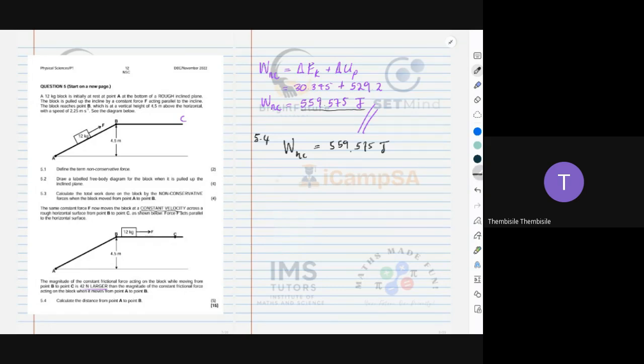So now we can actually say work net is equal to the work done by friction plus the work done by our force F, right? And we know that work is equal to the force, whichever force might be friction or the applied force, times the displacement times cos theta.